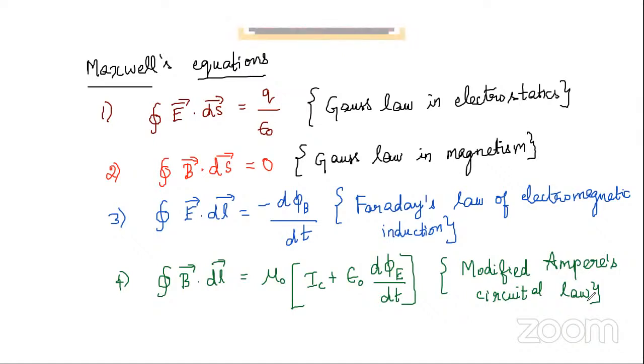So far we have discussed the properties of displacement current and Maxwell's equations. All these things we have discussed, and now we will be discussing electromagnetic waves actually. So, electromagnetic waves.